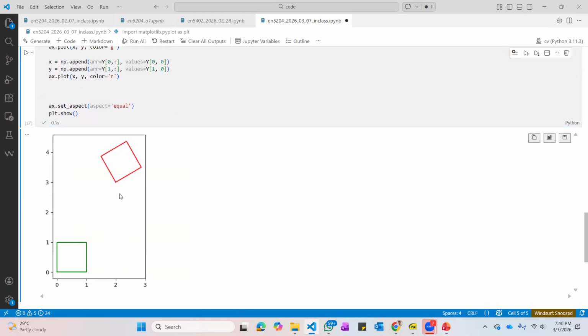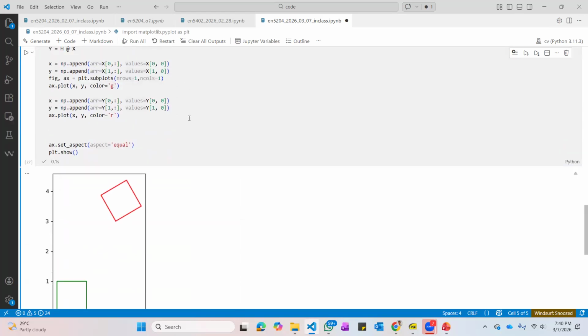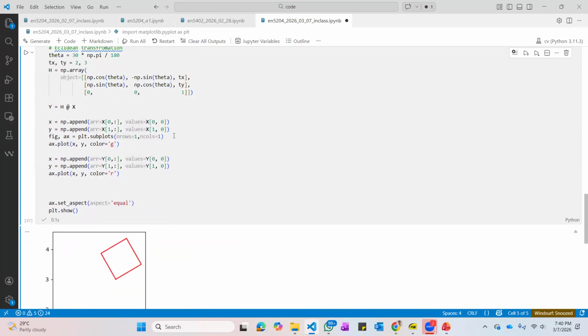Now you can see the translation has happened, right? So actually I need to put a little circle at the very corner.